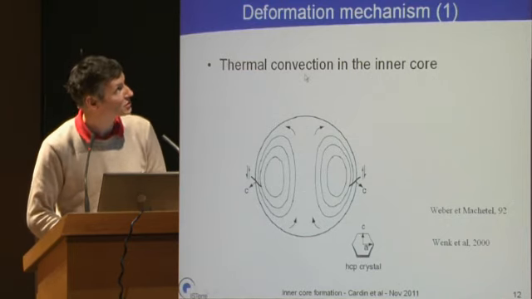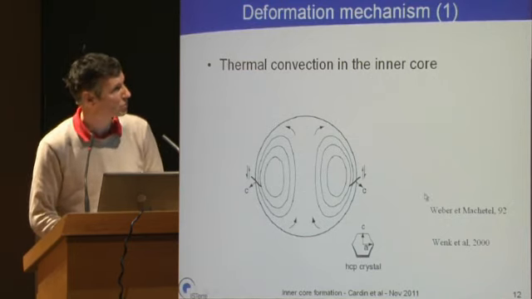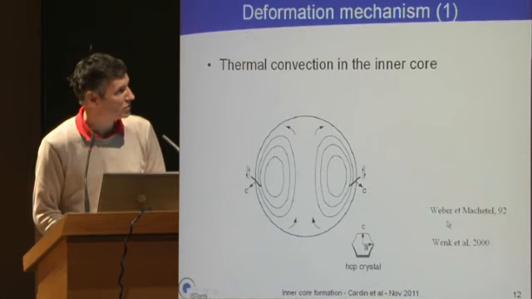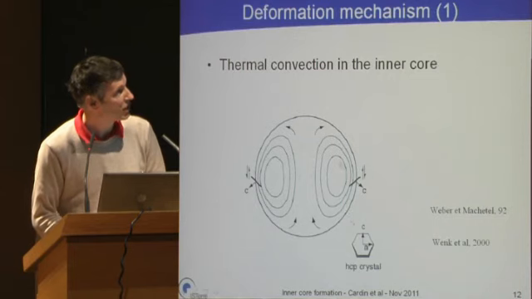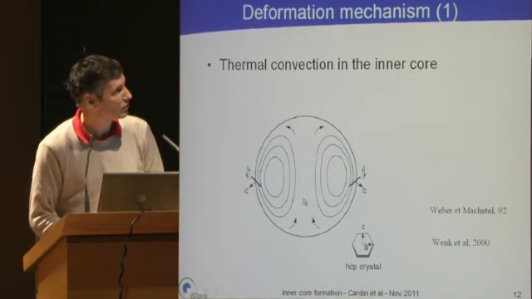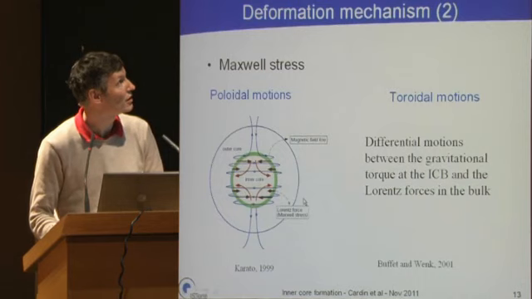The first one is thermal convection in the inner core, proposed by Weber and Machetel in 1992. And this is the M=1 thermal convective motion.